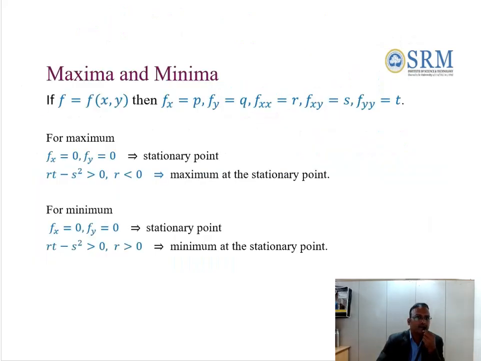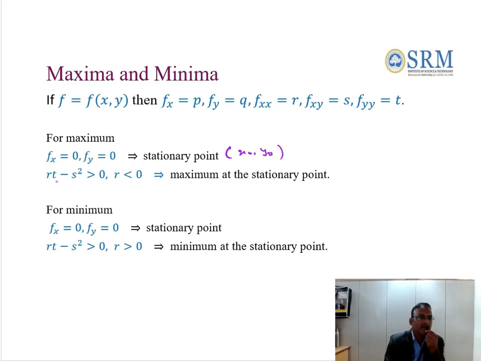Okay, right. So we are just rewriting it like this. If f is a function of x and y and fx equal to p, fy equal to q, and fxx is r, fxy is s, fyy is t. For maximum, fx equal to 0, fy equal to 0, that gives a stationary point. What is a stationary point? Here x naught comma y naught. Right.